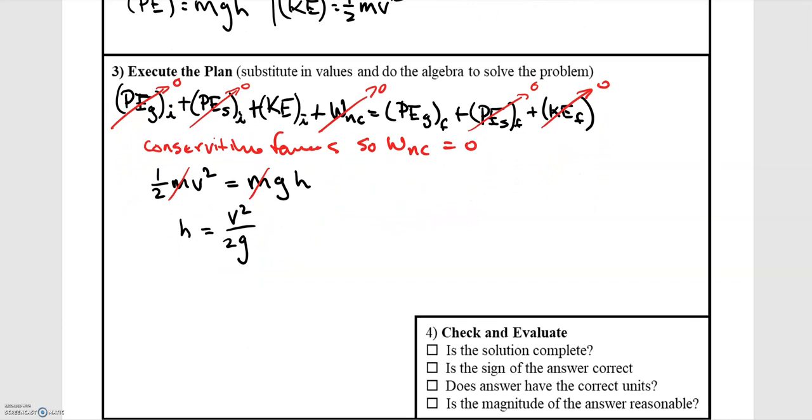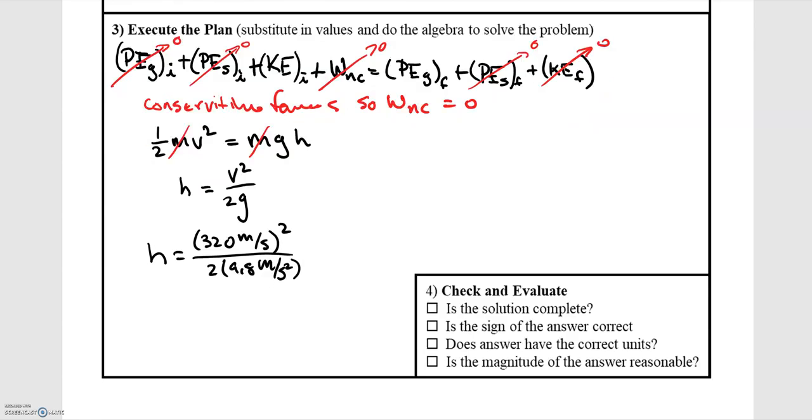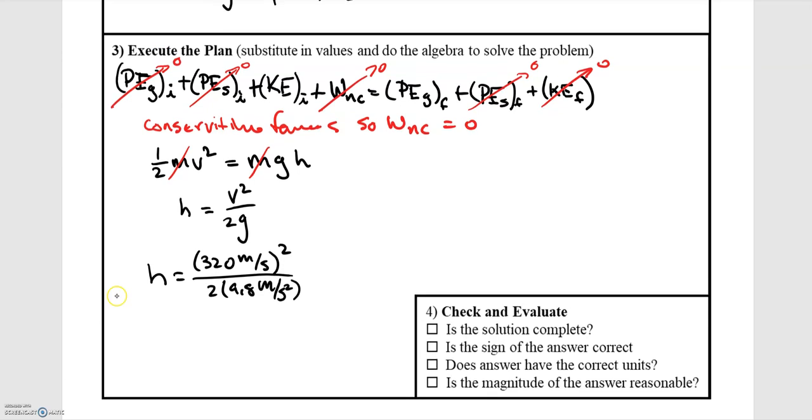Now we just substitute in. h is equal to v squared, which is 320 meters per second, quantity squared, over 2 times 9.8 meters per second squared. Plugging that into your calculator, you find h is equal to 5.23 times 10 to the third meters, or in terms of kilometers, just 5.2 kilometers.